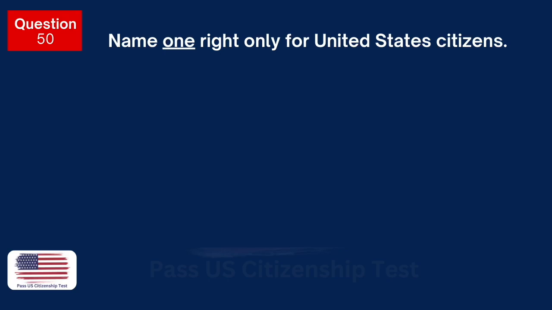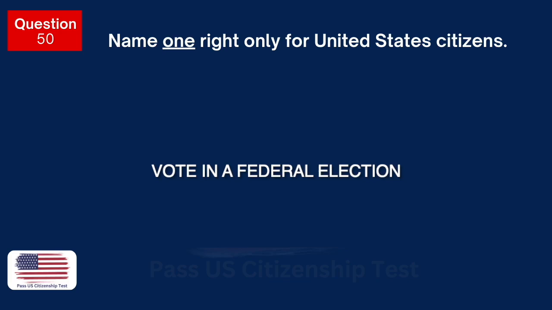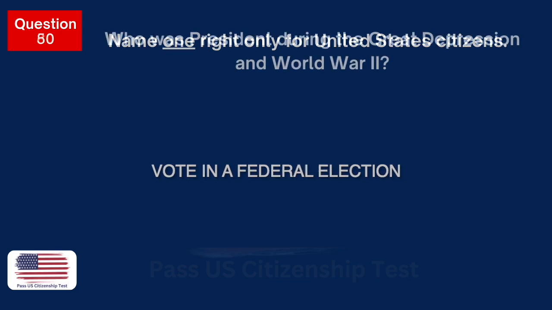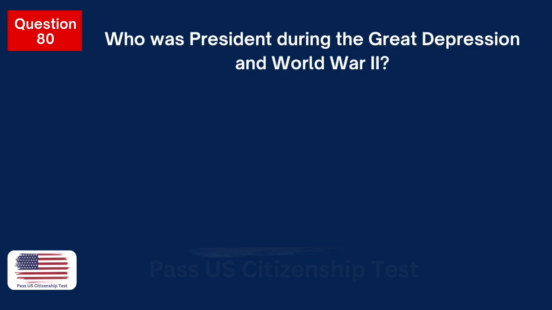Name one right, only for United States citizens. Vote in a federal election. Who was president during the Great Depression and World War II? Franklin Roosevelt.